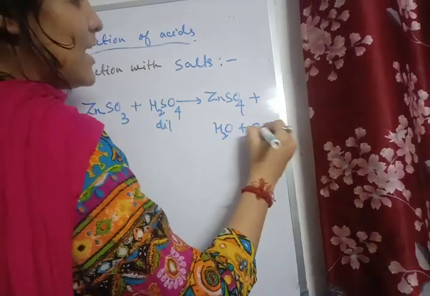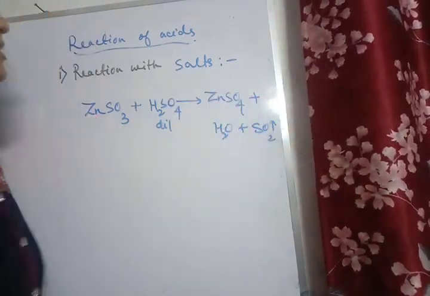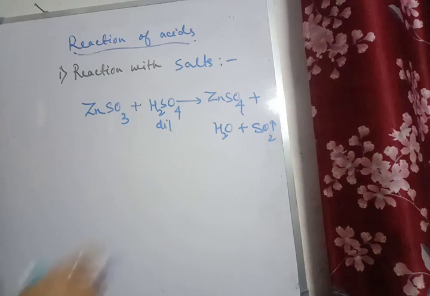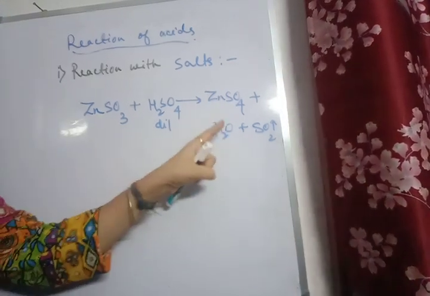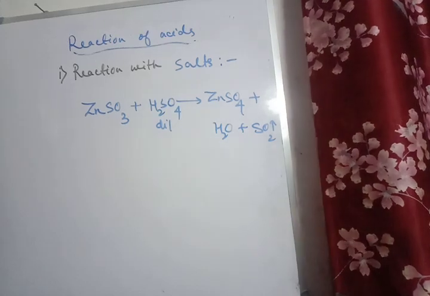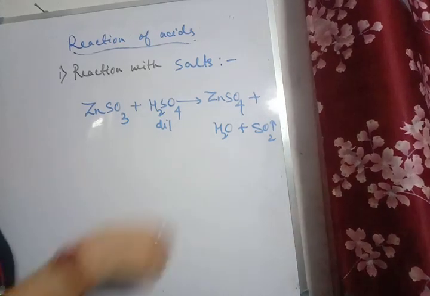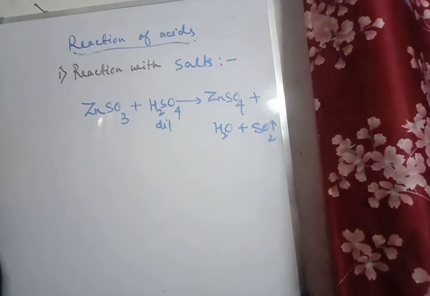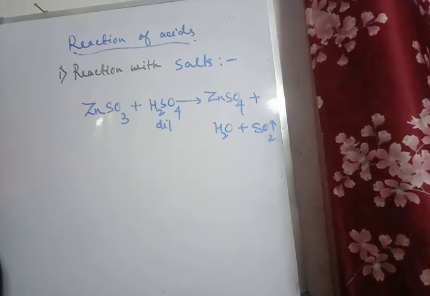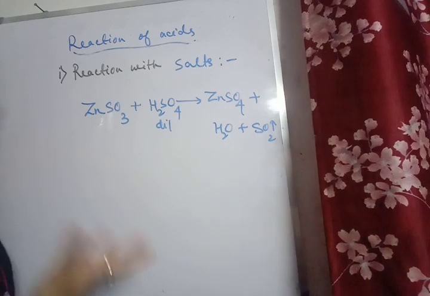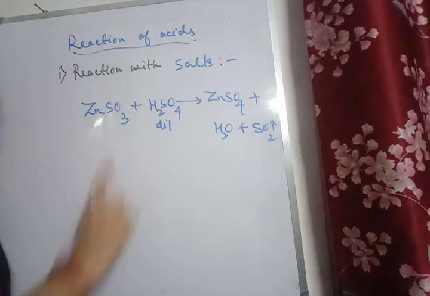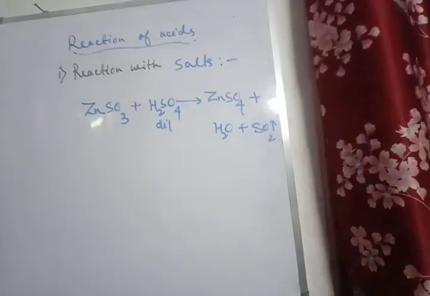Here we get sulfur dioxide gas. Okay, and here the sulfur dioxide gas is a colorless gas that turns acidified dichromate solution from orange to green. Here also same thing, the salt formed has to be always water soluble, otherwise the reaction will not be proceeding.